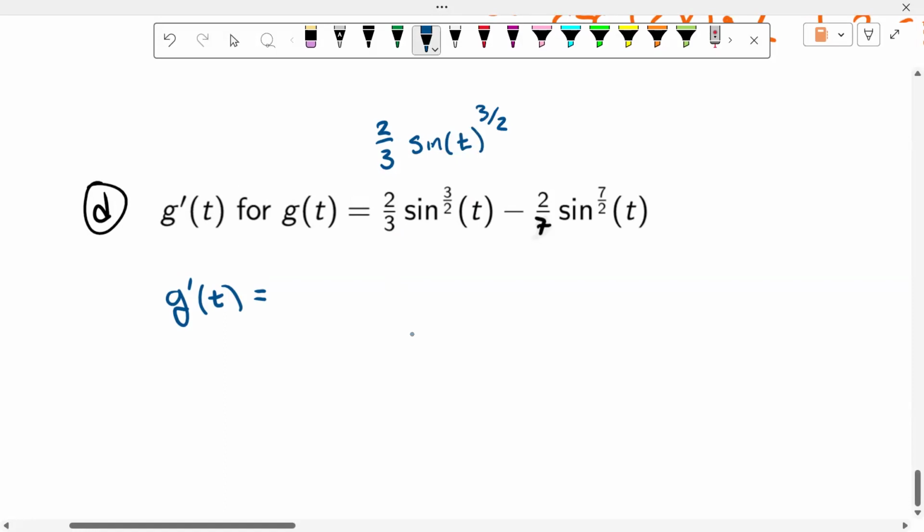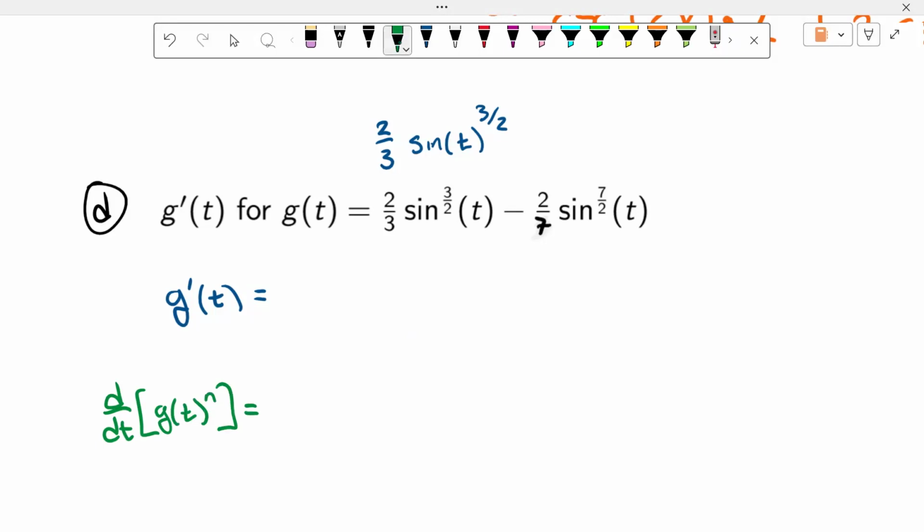So with that in mind, what rule do you think we should use to take that derivative? Yeah, the general power rule. This one is vital. So the general power rule says when you take the derivative of a function g to the nth power, that's its derivative right there.